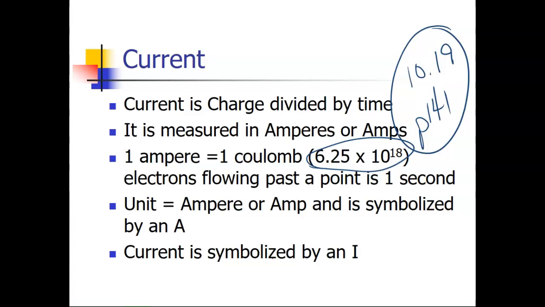So this is symbolized as its unit as a big A. Mathematically, when we're trying to calculate for current, we symbolize it with an I. I don't know why it uses an I, but it does, and that is just how that goes.